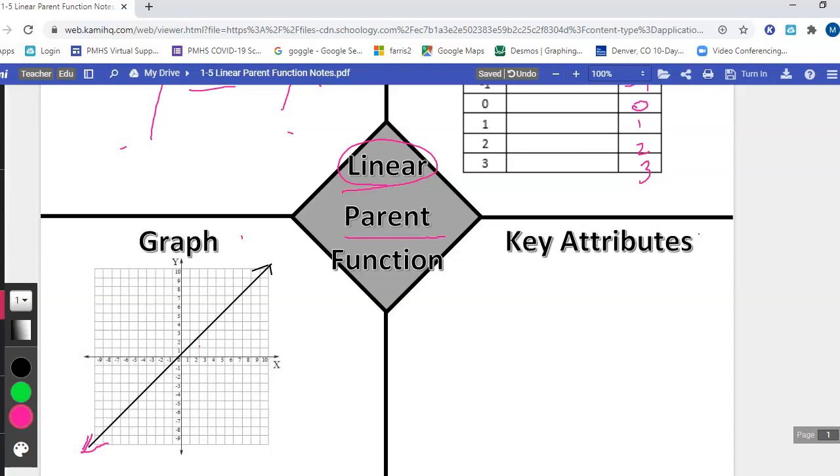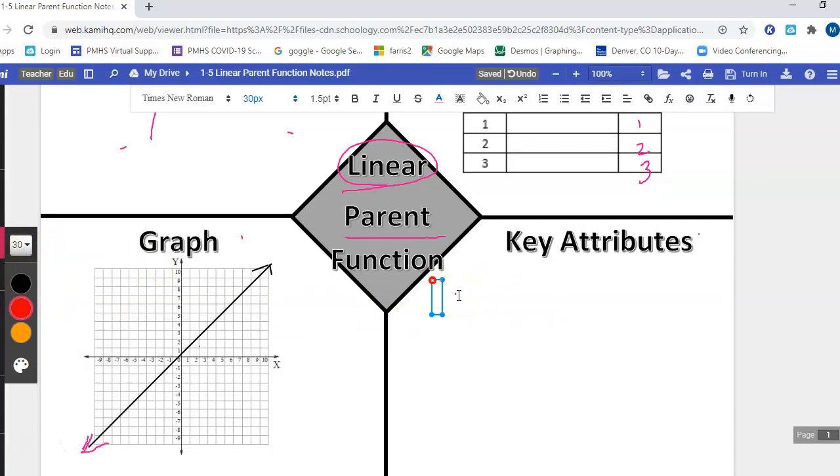We're going to write down the key attributes. So the first thing is, I think I'm going to change to typing for this. This will make a straight line.